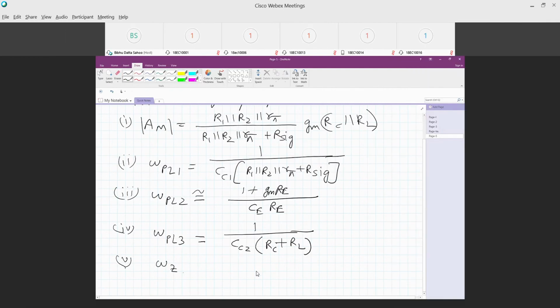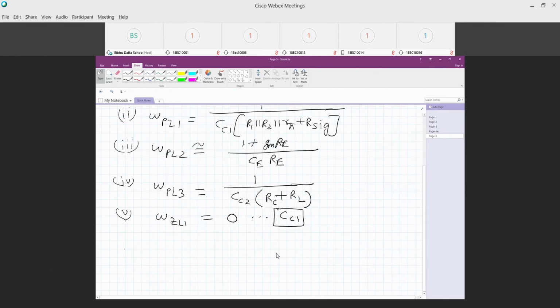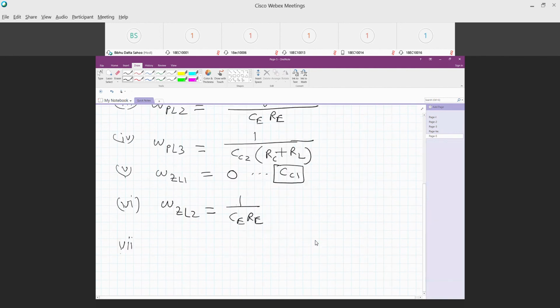Omega ZL1 equal to 0. This is due to CC1. Omega ZL2 is equal to 1 over CE RE. Omega ZL3 equal to 0. This is due to CC2.